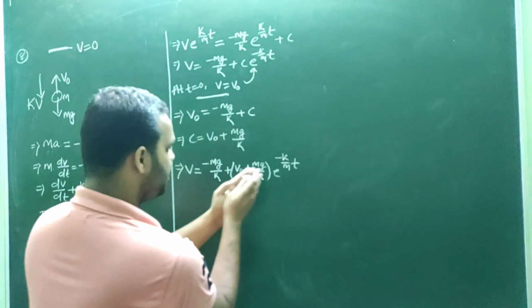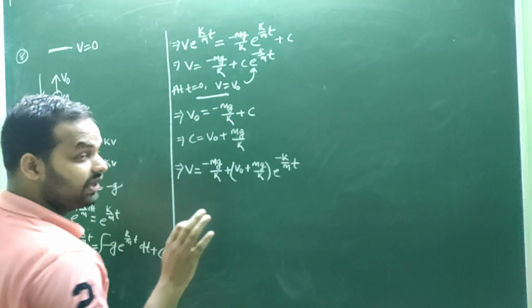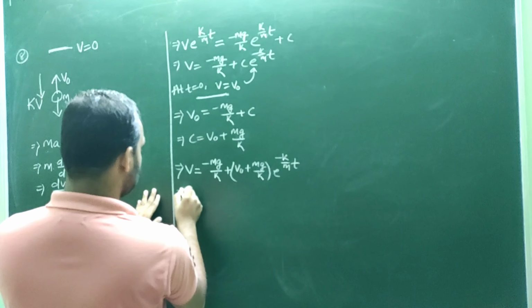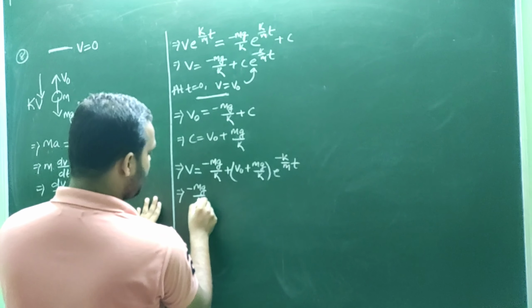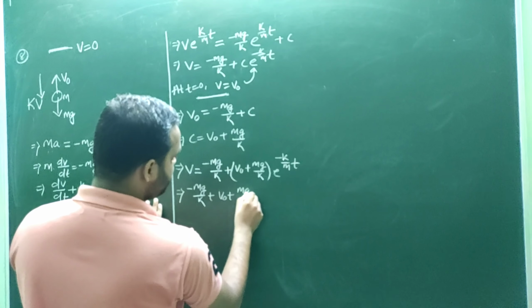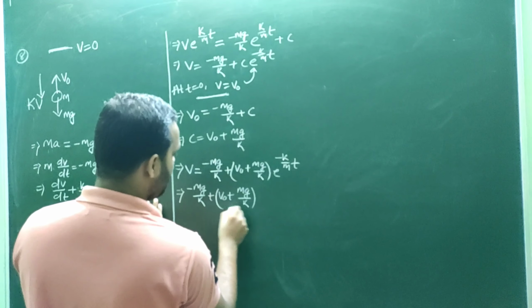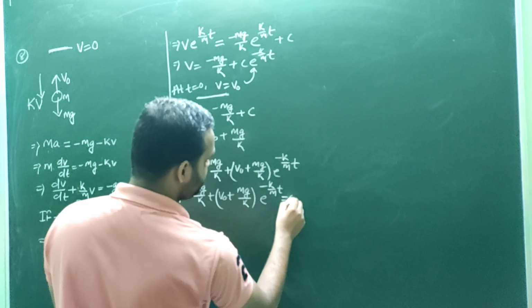So simply to find out the time for maximum height, you have to put this velocity as 0. So put that, you will get minus mg by k plus v naught plus mg by k e to the power minus k by m t is equal to 0.